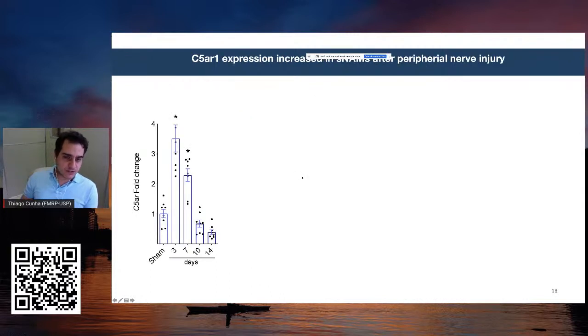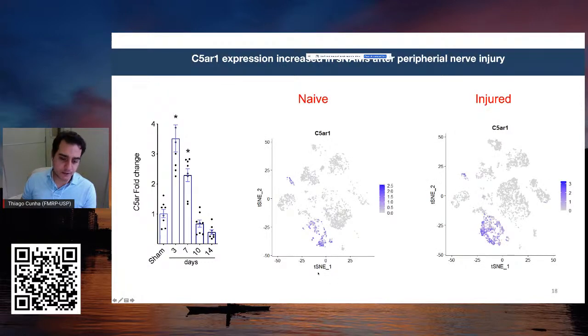And then we focused on the DRGs, and we saw that C5a receptor is upregulated in the DRG after peripheral nerve injury. And when we analyzed what kind of cells show this increase in the DRG, we also used single-cell data.